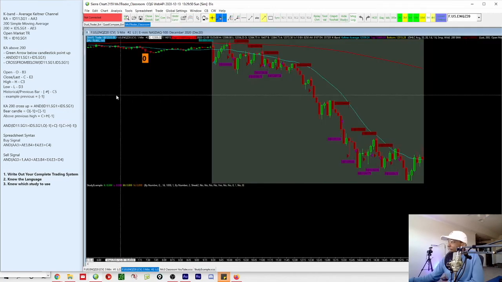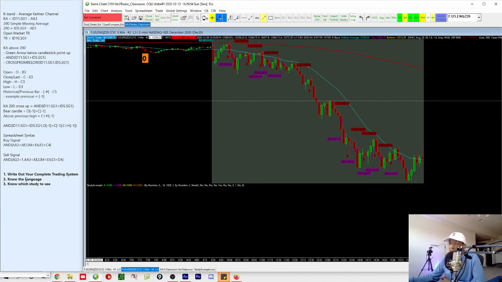All right. So those are the three things that you will need in order to create whatever you're trying to do using the spreadsheet. Okay. And it's that simple. It really is. It's extremely simple. The hardest part is actually the first one, because you have to be able to clearly articulate your strategy. The way I look at it is you should be able to explain your trading strategy to a child, right?